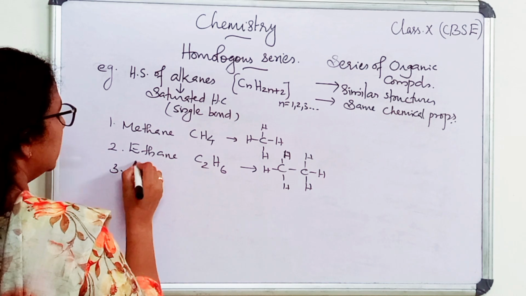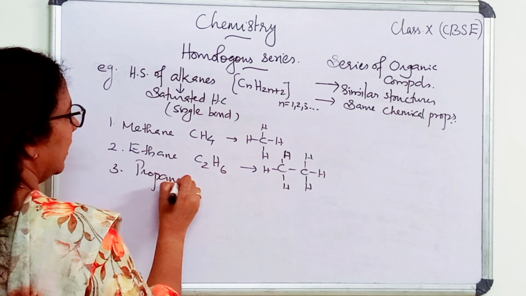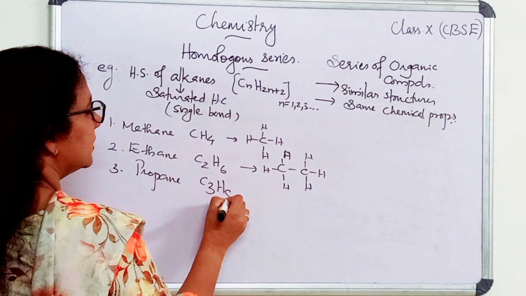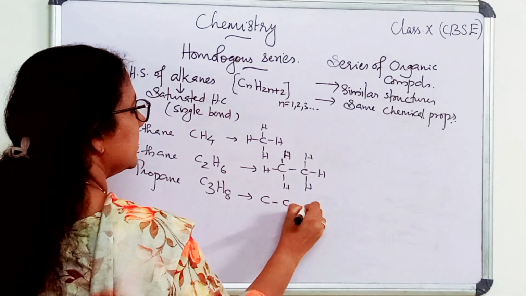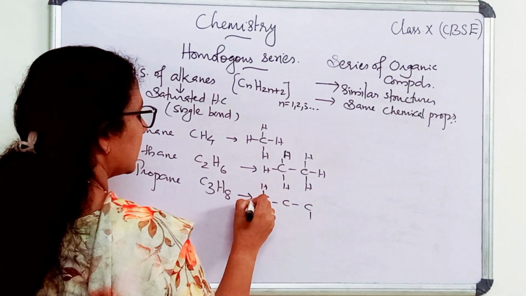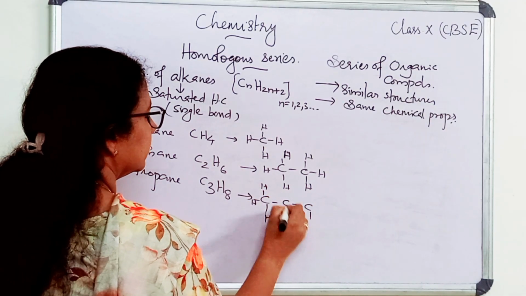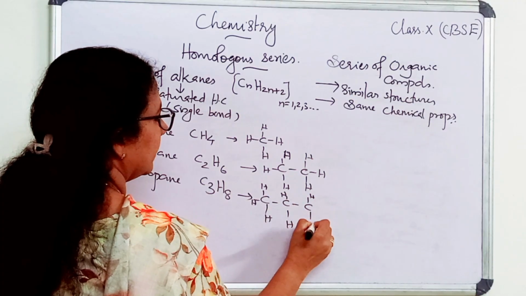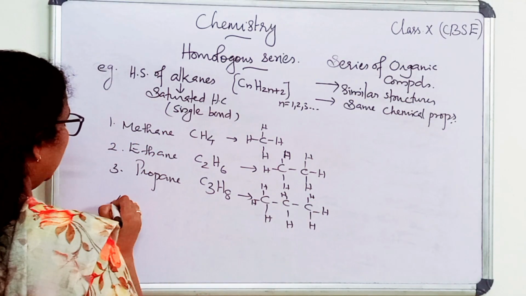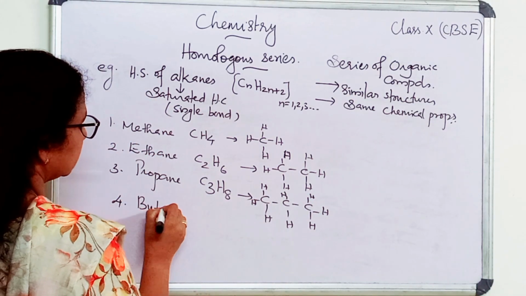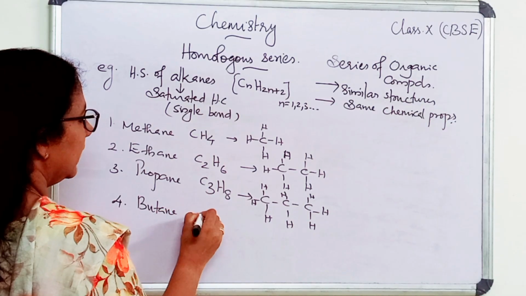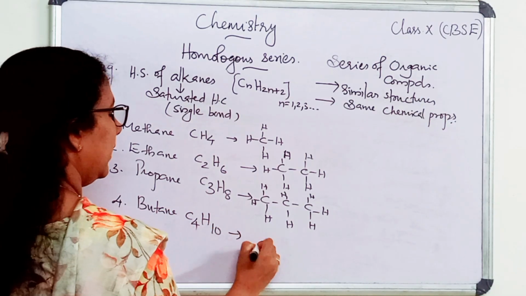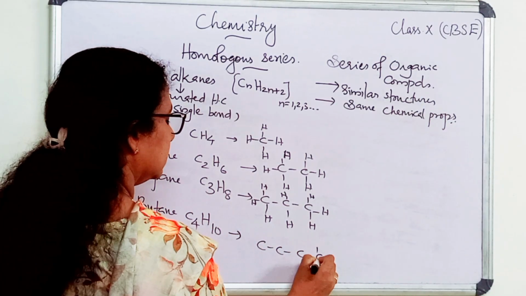Then the third member is propane and the molecular formula is C3H8, and the structural formula is like this. And the fourth member is butane and the molecular formula is C4H10 and the structure is like this.